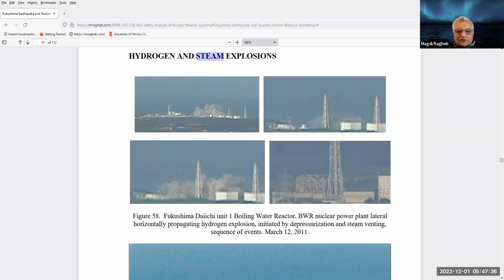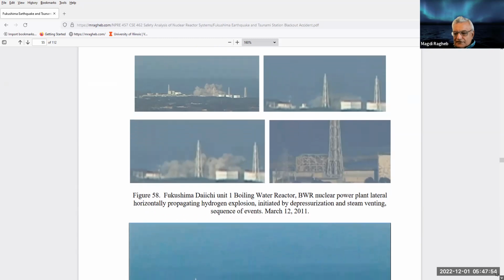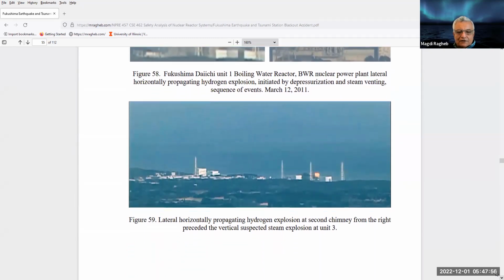This is what happened at unit number 1. You could see here, this is identified as a hydrogen explosion. You could see the explosion basically propagating horizontally, and it has been associated with a depressurization when they couldn't release the hydrogen from the containment.